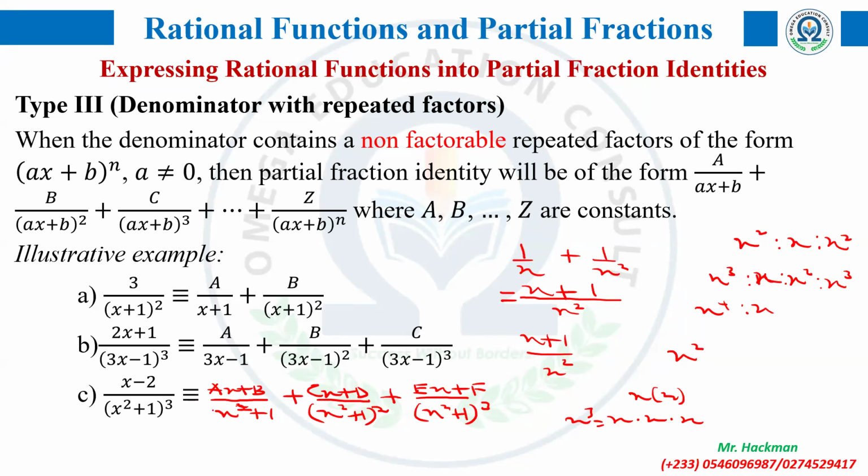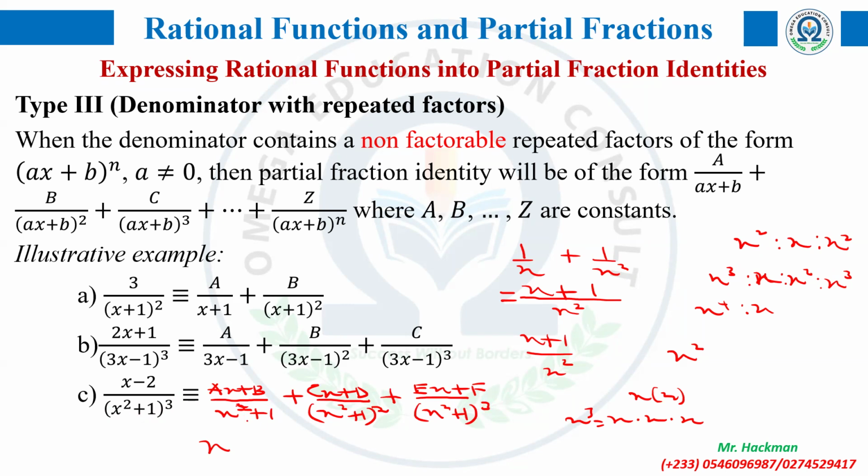Remember, when we had s cubed, we started with s, s squared, then s cubed. So our quantity that is raised to the power, we start with that one, then we keep on increasing the powers till we get to the power that your quantity comes with. That's where you stop, because s to the power 4 can never be a factor of this. Take note of that.